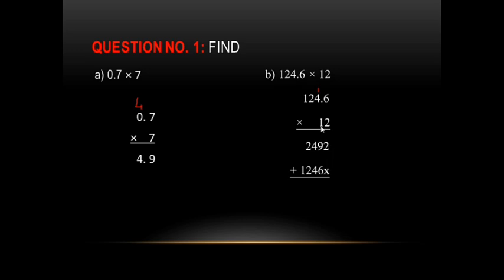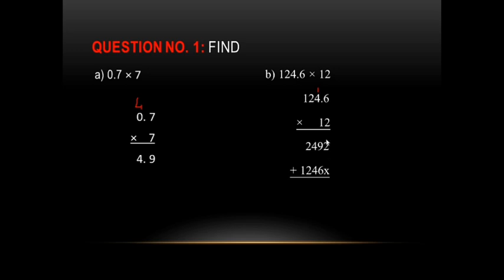When we are performing the multiplication with 1, at that time we write the cross here, and then we perform the multiplication. That is 1 into 6 is 6, 1 into 4 is 4, 1 into 2 is 2, and then 1 into 1 is 1.